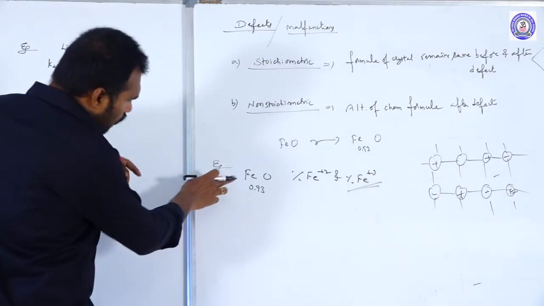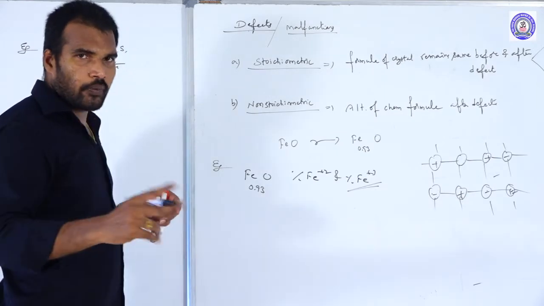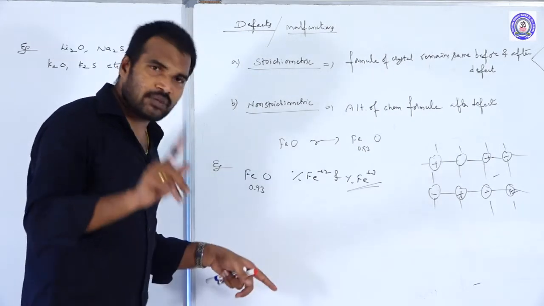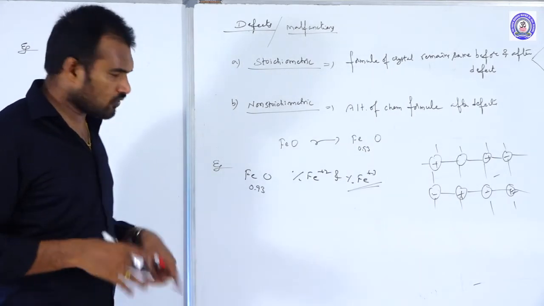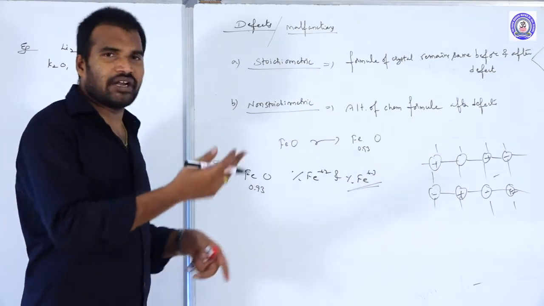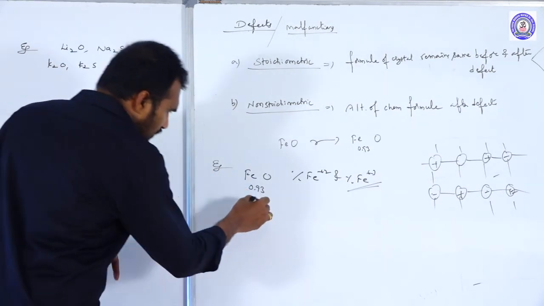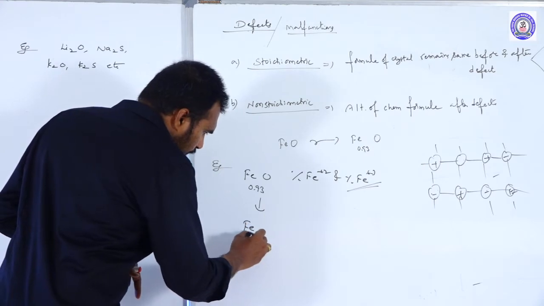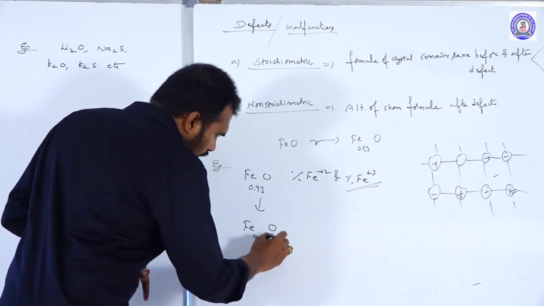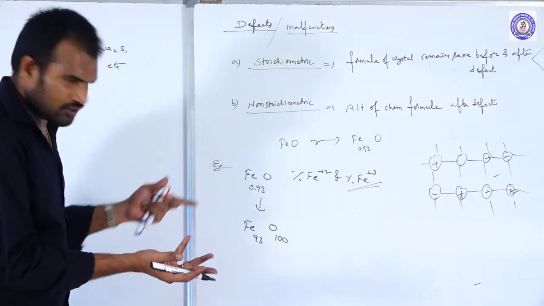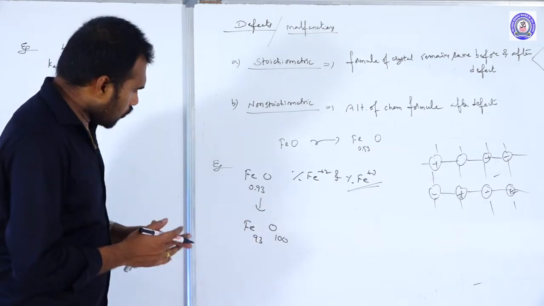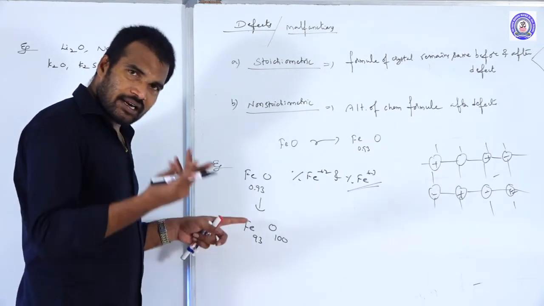So let us consider the total number of iron atoms is 0.93 and the oxygen atom is 1. Now I am just multiplying by 100, so the same equation is Fe93O100. Same ratio, right? So total how many iron atoms are there? 93 atoms.